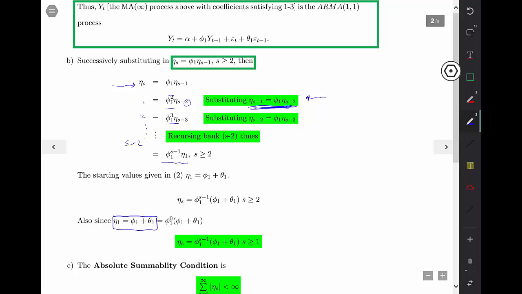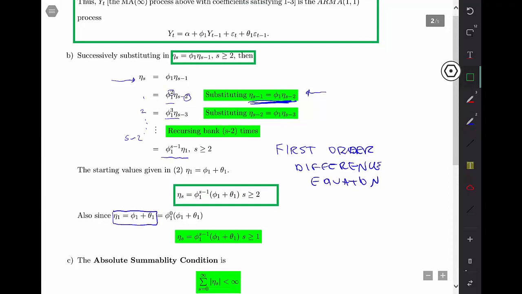So we can plug this in and we're done. We've solved a simple first order difference equation to find the exact form of the MA infinity coefficients of the ARMA(1,1). Well, they look like this here.